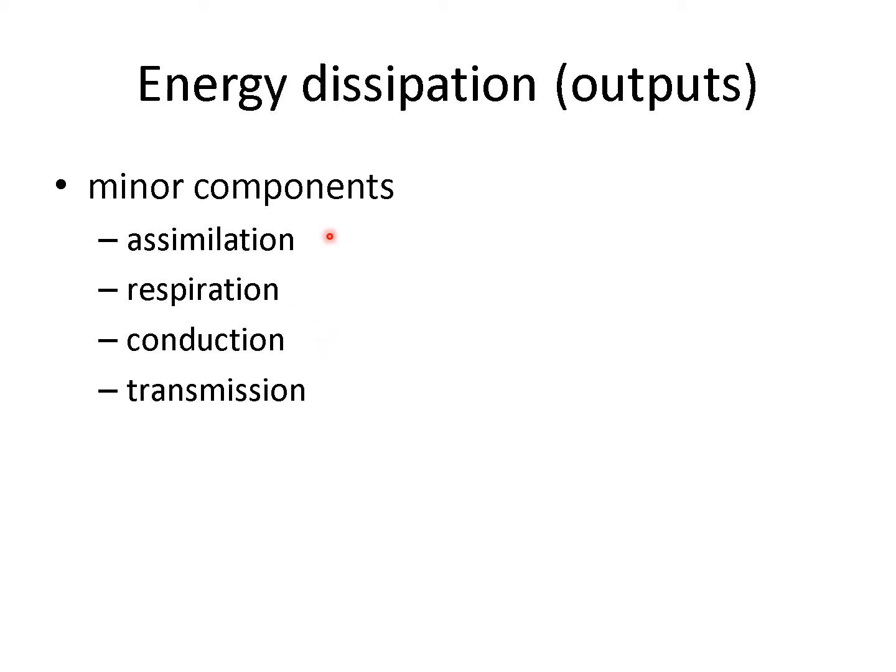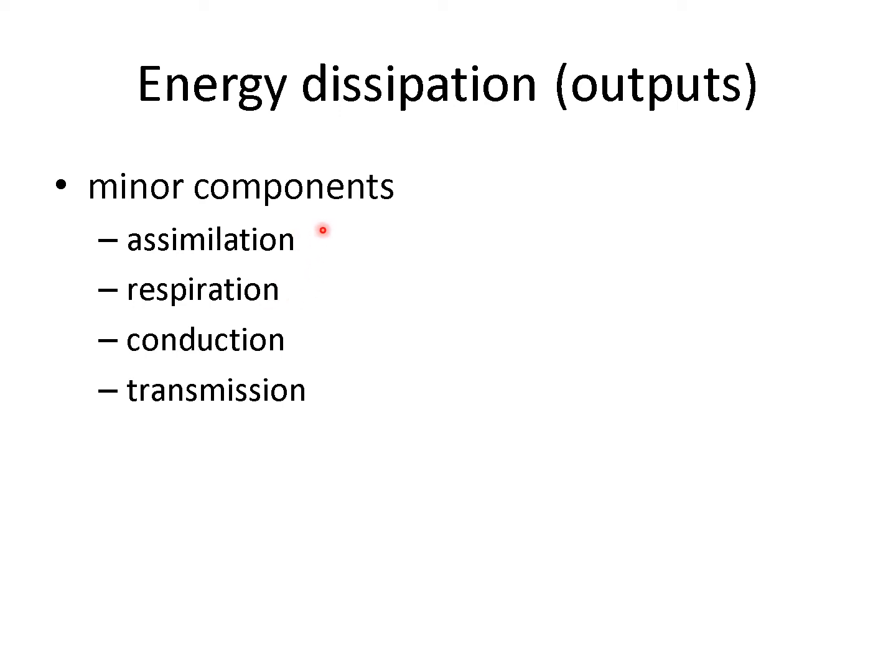Assimilation and respiration basically just mean when radiation, light, is absorbed by leaves, some of that energy is dissipated by photosynthesis. Photosynthesis fixes sugars and stores some energy in the chemical bonds of sugars, and then some of that energy is released through respiration.